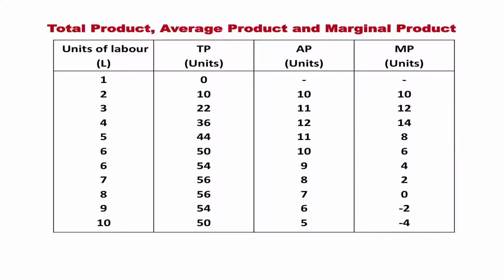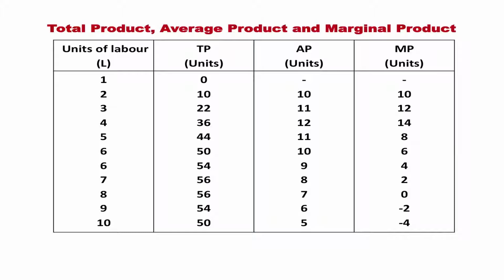And so on. As we scroll down the table, we can see how total product, marginal product and average product change. When L is equal to 1, it means the number of labor employed is 1 unit or level of labor employment is 1.